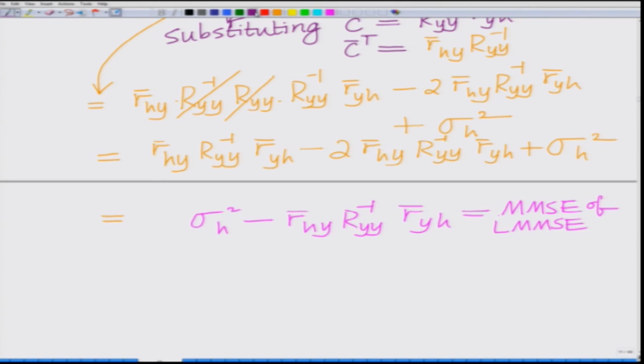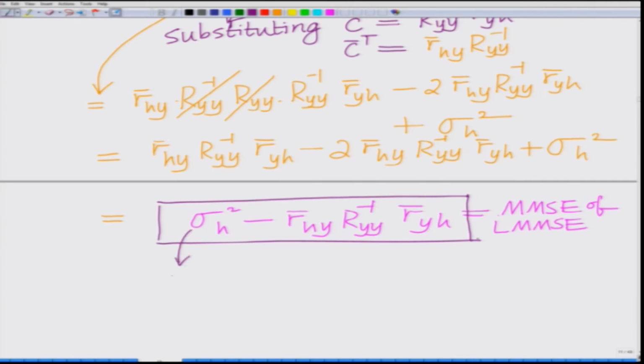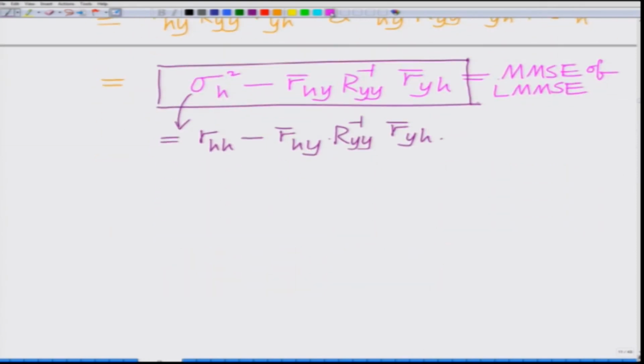This is the expression for the minimum mean squared error, sigma h square, and you can also write this as RHH minus R bar HY RYY inverse R bar YH. Let us again write the various quantities. RHH is the expected value of h square.